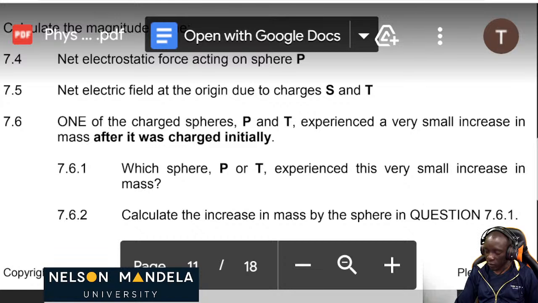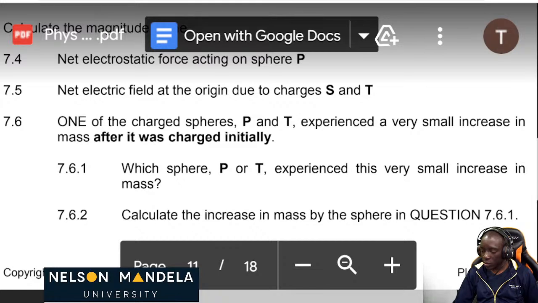So an expression for FTP will be K times QT QP over that distance in the x, let's call it x squared, and FSP is K QS QP, the product, over y squared.